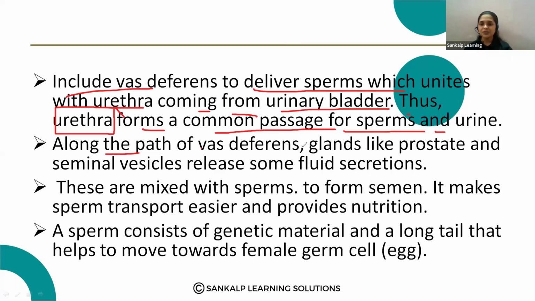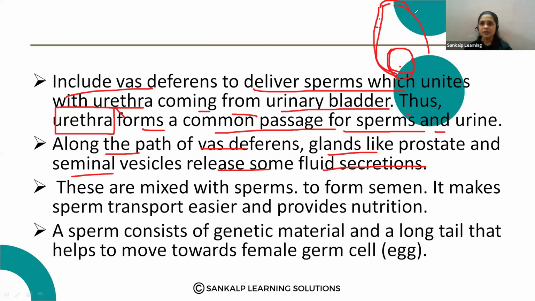Along the path, the vas deferens, and glands like the prostate and seminal vesicles, release some fluid secretions. Just imagine, you have already completed the function of the testes, and the sperms produced are carried by the duct-like structure called the vas deferens, which receives some secretions from the prostate gland and the seminal vesicle.